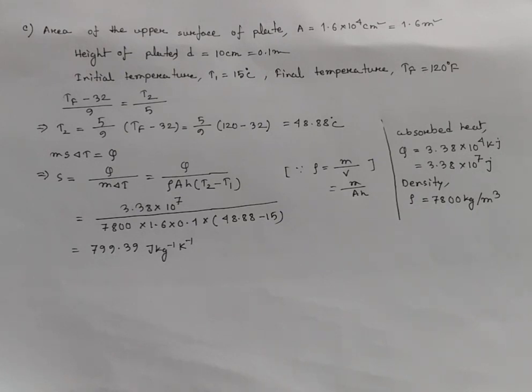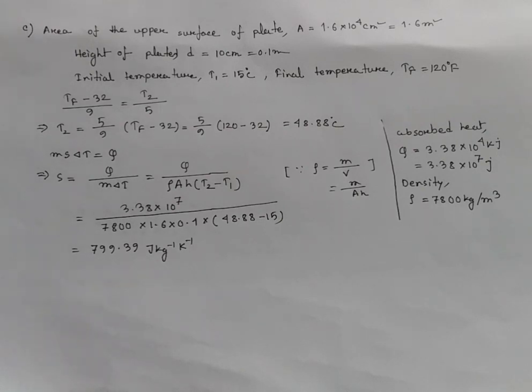So be careful about the unit here, and in all mathematical questions, because making any fault in writing the unit, the marks will be deducted. So we have got the answer of question 3, the specific heat capacity for that plate material, that is 799.39 joule per kg per Kelvin.